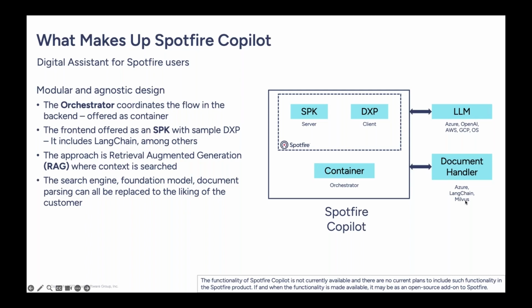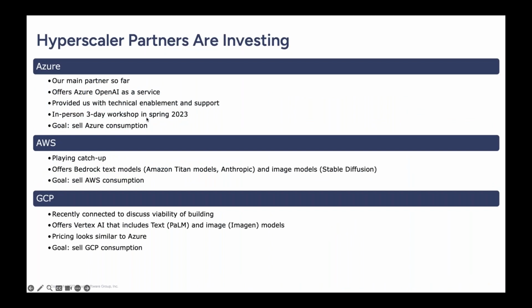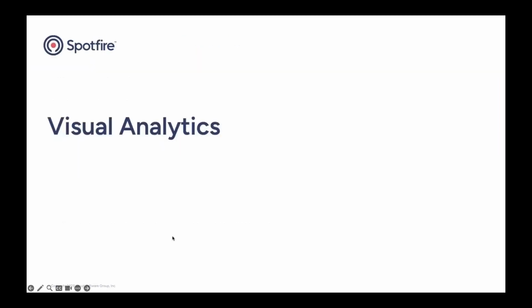We've got the Milvus vector database in there. We use LangChain quite a bit, and that's what's underneath the hood. We've been working a lot with the Azure environment. They offer OpenAI as a service, and we've been doing quite a bit of work there. Amazon's been playing catch up with Bedrock and so on, and we've recently been working with GCP as well.